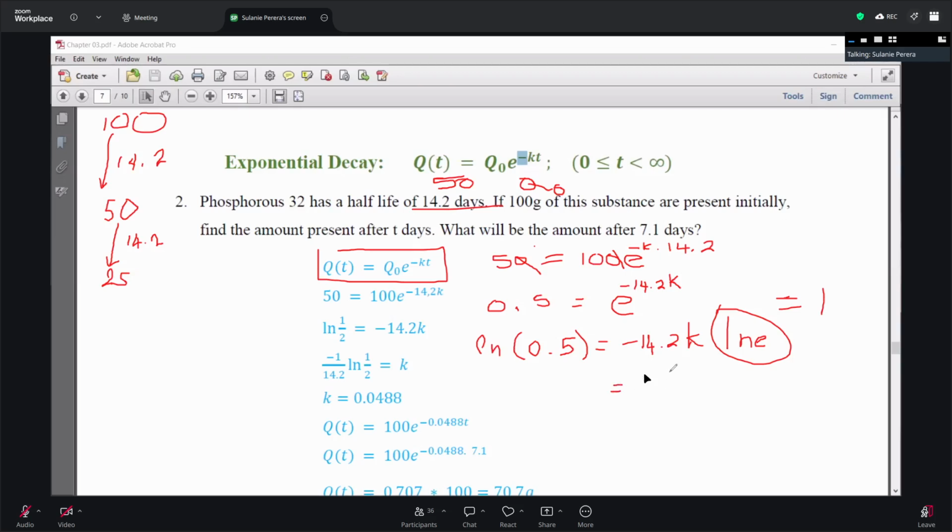So, k will be equal to minus ln 0.5 divided by 14.2. Now do this and find k and tell me what the answer is. What is the answer k? So any problem, first you have to find k.